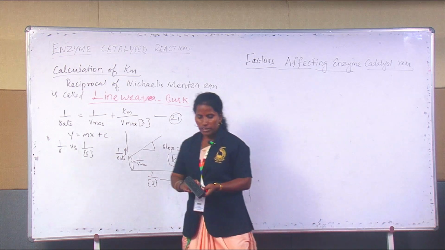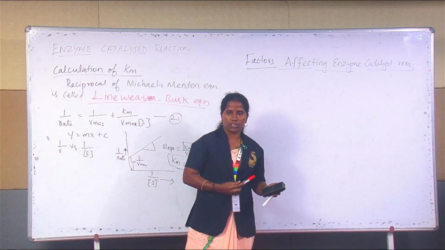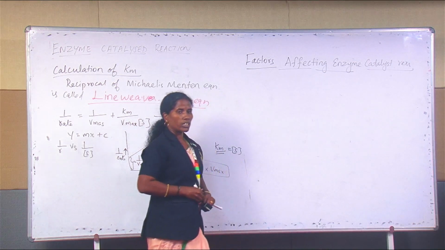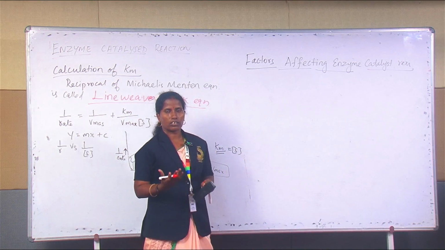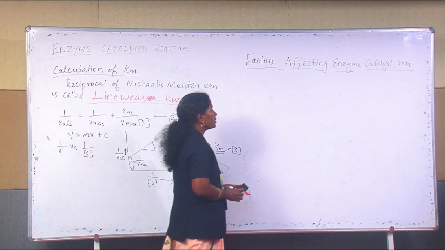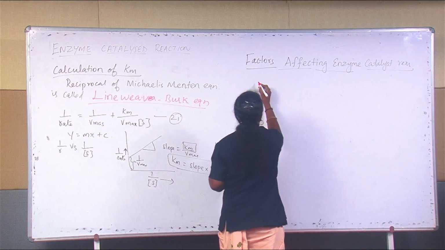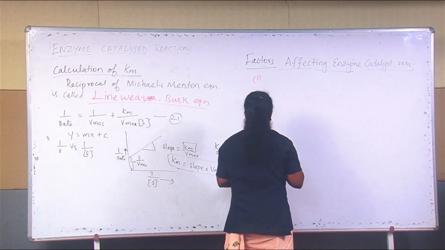Enzyme catalyst reactions depend on the substrate, as we already know. At lower concentration of the substrate, the rate increases. At higher concentration of the substrate, it is zero order, independent of the substrate. That is the first point.